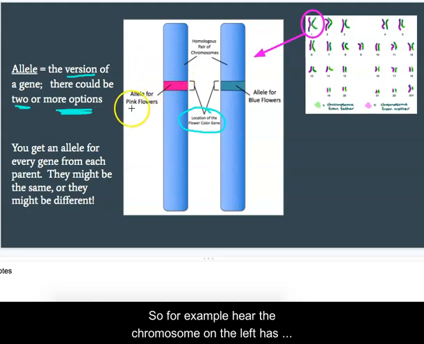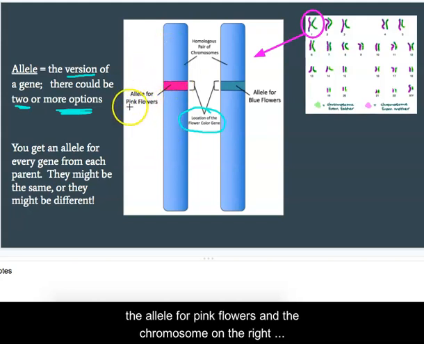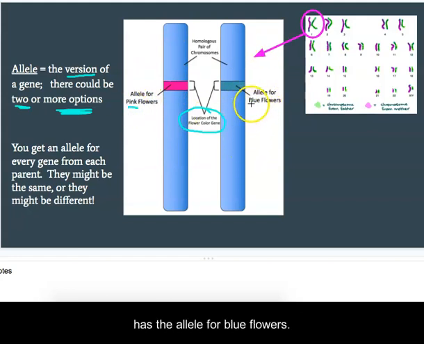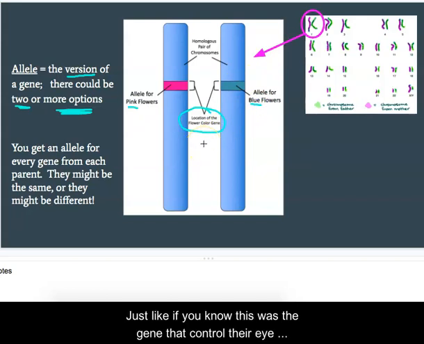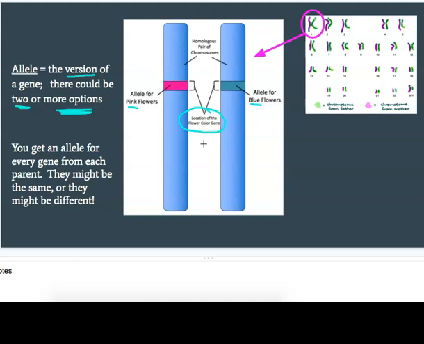So for example here, the chromosome on the left has the allele for pink flowers, and the chromosome on the right has the allele for blue flowers. Just like if this was the gene that controlled our eye color, right? There would be a certain code of DNA that would make our eyes blue or green or brown or any of the many, many shades in between.